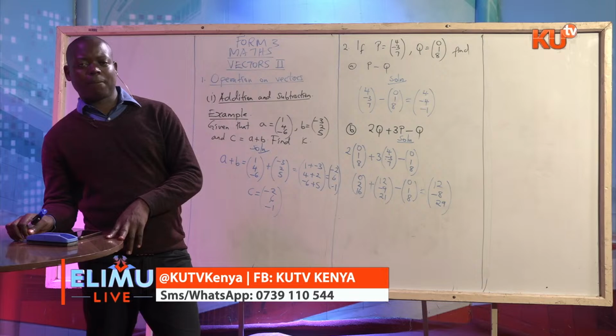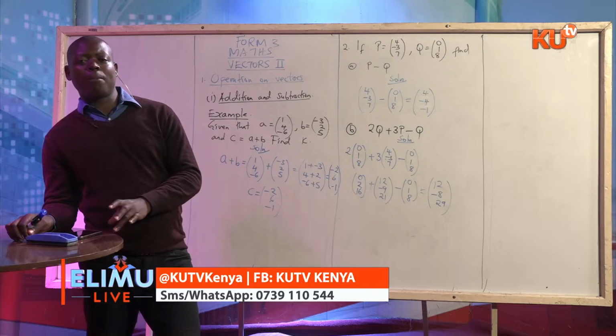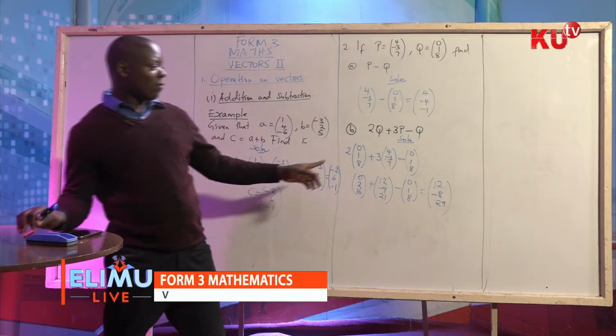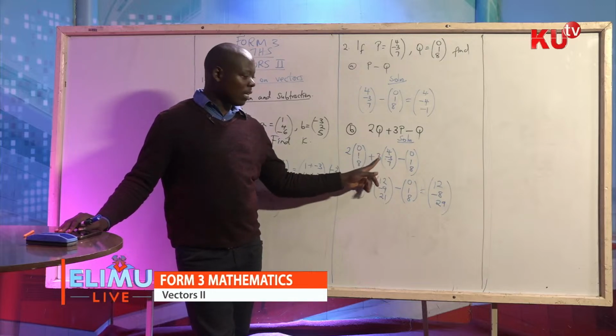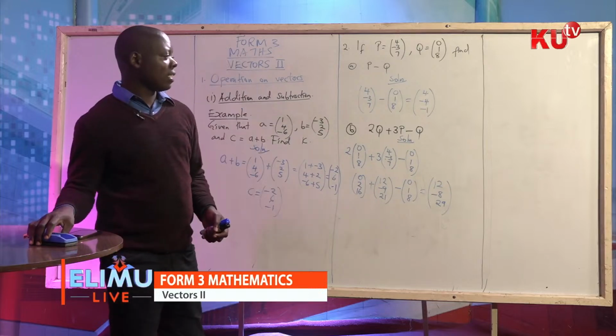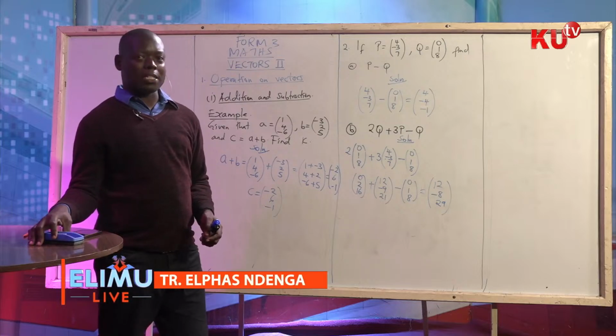And number 2, in case there is an involvement of scalar multiplication, distribute the scalar into the vector to obtain the actual figure. We multiply every component, every element of the vector by the scalar. Like for this case, it is 2 times 0, 2 times 1, 2 times 8. Same, 3 times 4, 3 times -3, 3 times 7. All this gives you a solution that we can now comfortably say is our answer for 2Q plus 3P minus Q.